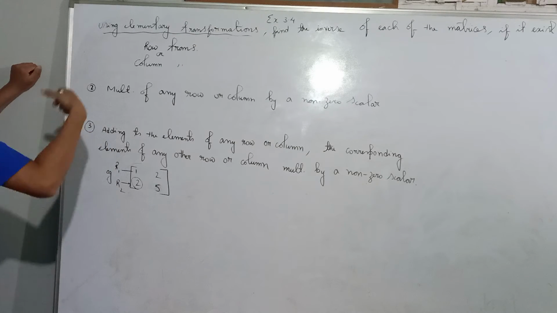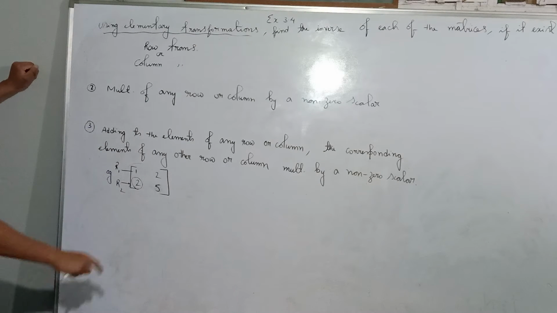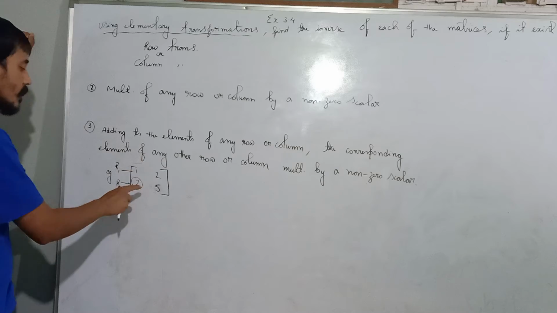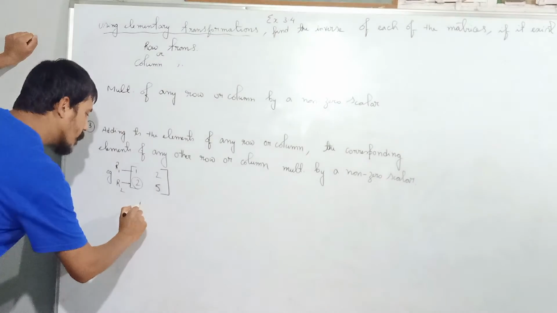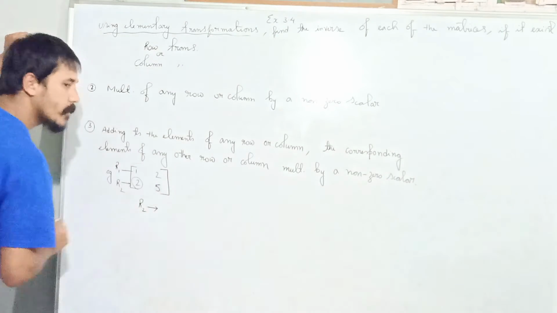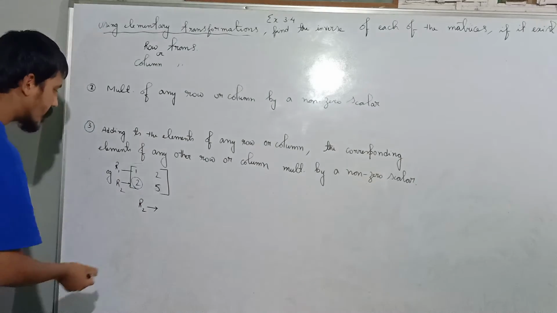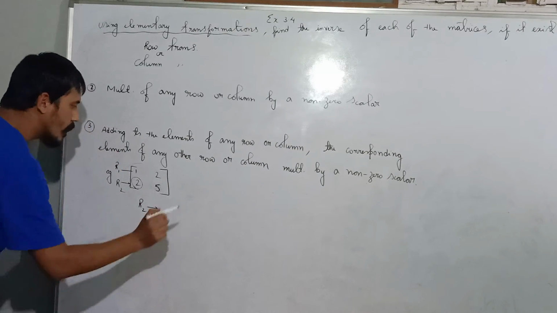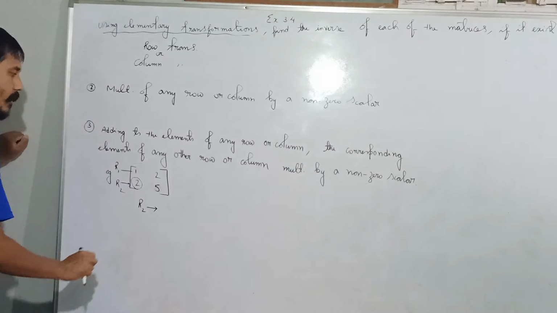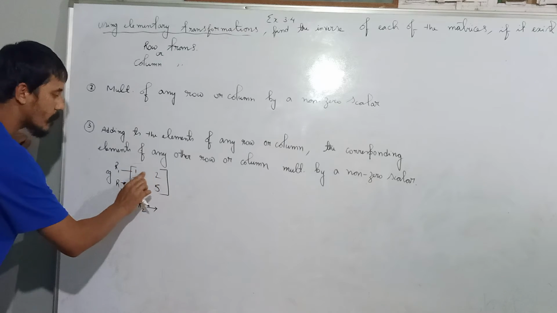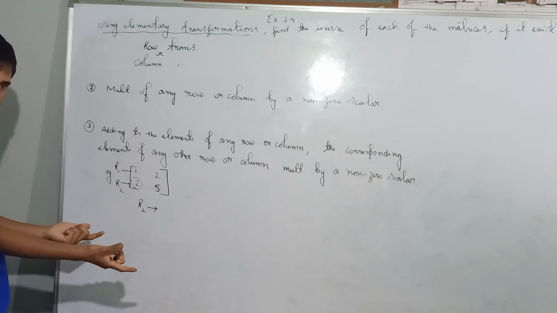Then what kind of transformation can I use? Since I want to convert this entry of row 2 to 0, row 2 should undergo some transformation. What can I do? I can multiply the neighboring rows by any non-zero scalar, right?